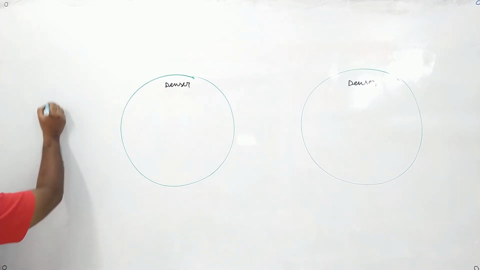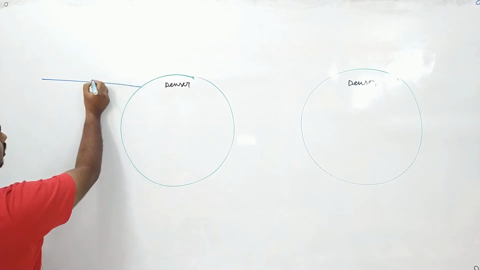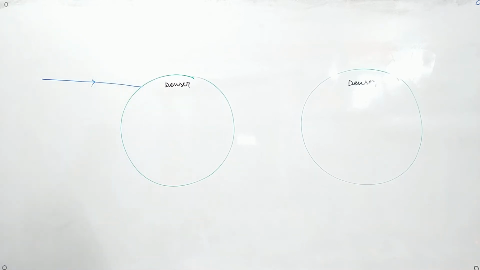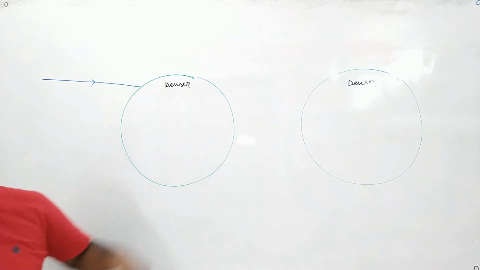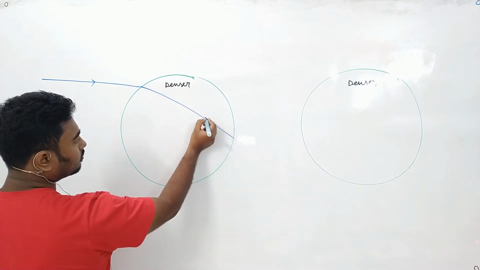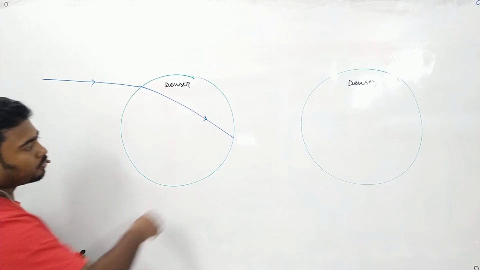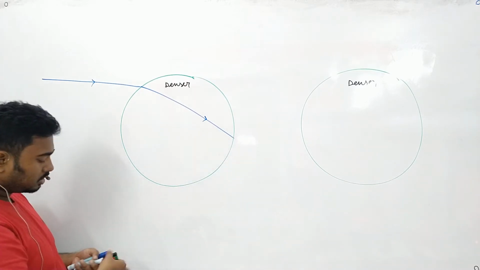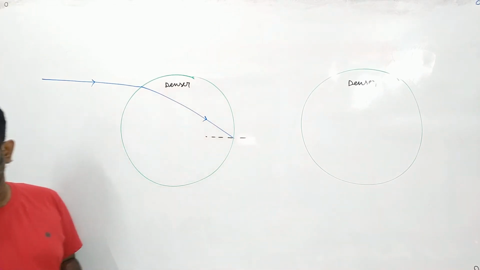Suppose a ray of light is coming and falling on the surface. The first thing that will happen is that it will bend, right? So it will bend like this. Is that clear? Now at the portion where it bends, suppose it makes an angle greater than 42 degrees.